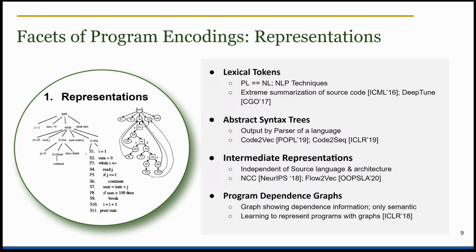And of late, we are looking at several works on representing programs based on intermediate representations. These intermediate representations have the nice property of being independent of source language and the target architecture, right? IR2Vec falls in this category, and several works have come out in recent times.